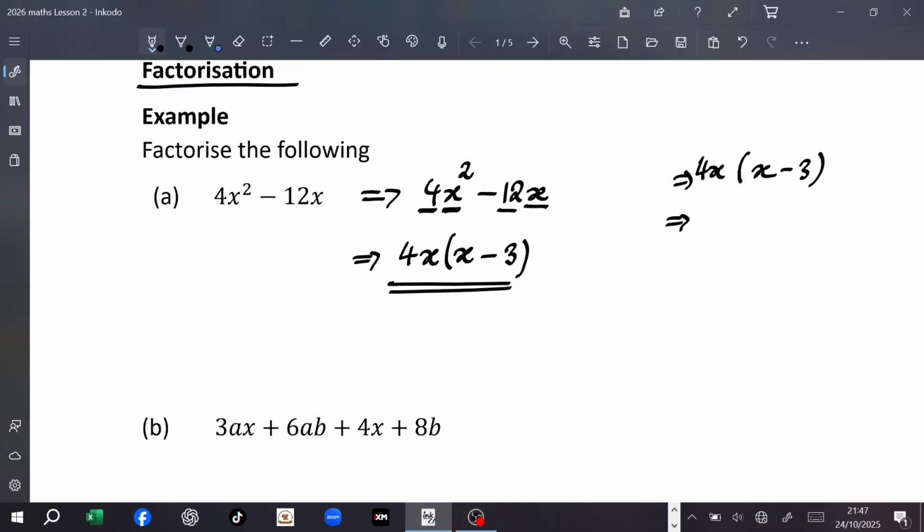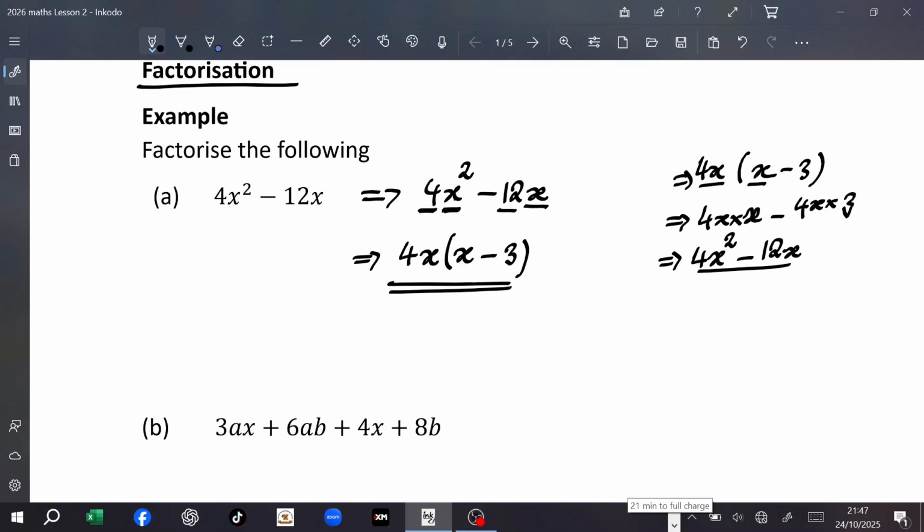To expand, we multiply 4x times x, then the minus, then 4x times 3. 4x times x gives us 4x squared, then the minus, then 4x times 3 gives 12x. This is similar to what we started with. Therefore, our answer is correct.